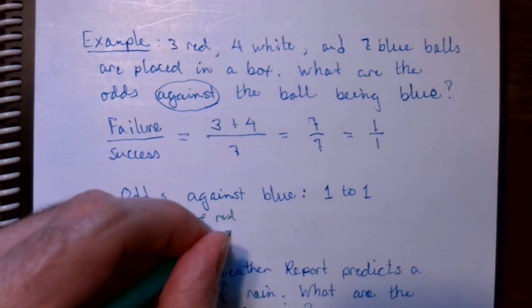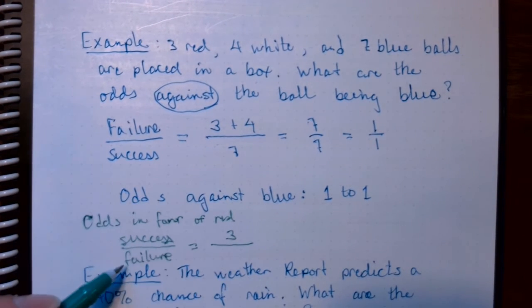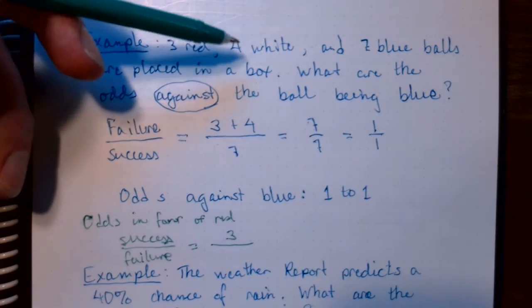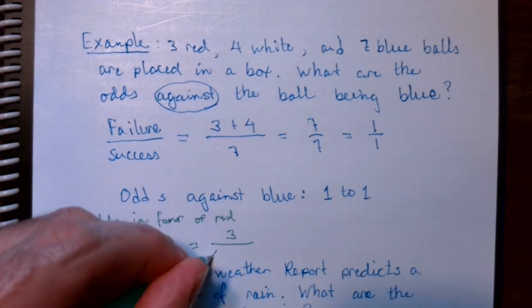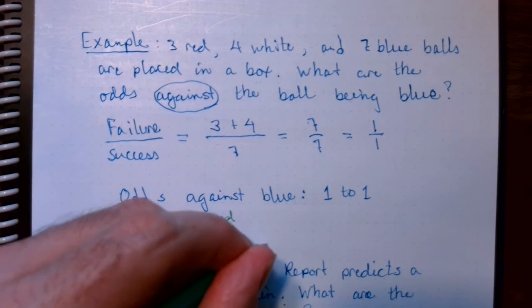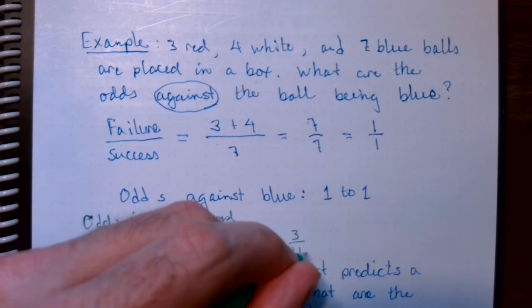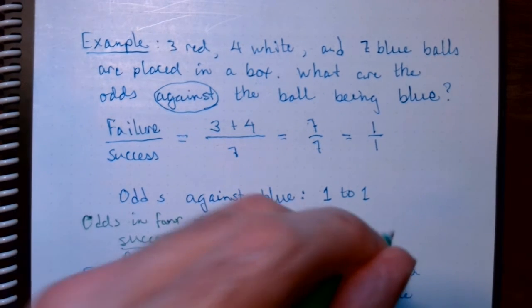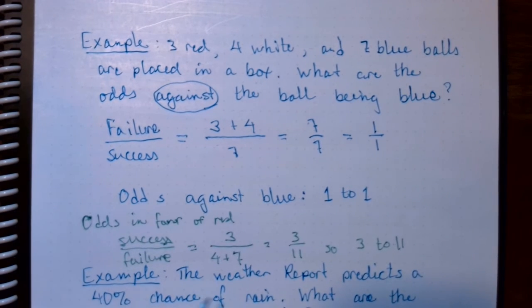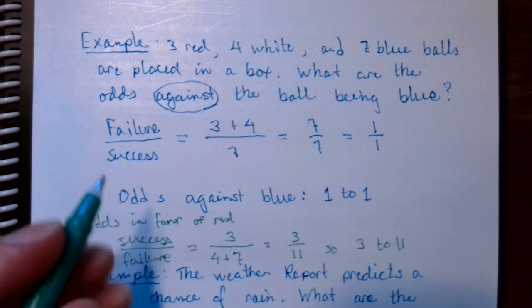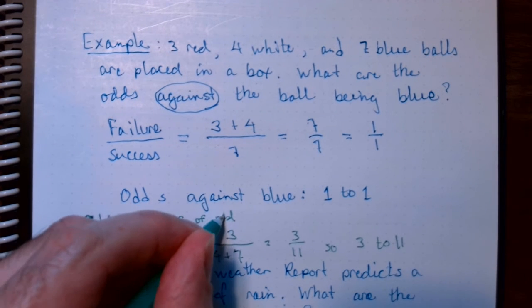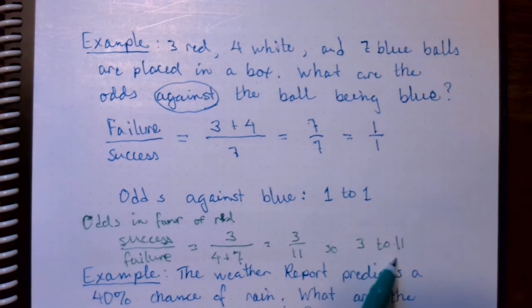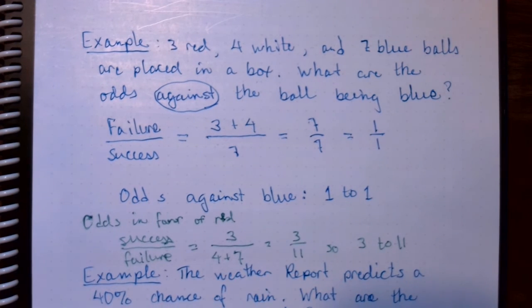Well, we have 3 reds. How many ways to fail? Well, you would fail getting a red if you got a white or a blue. So the odds in favor of getting a red ball, if you draw one at random from this box, are 3 to 11. This one didn't reduce.